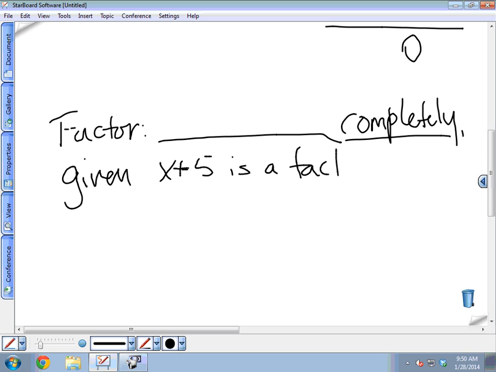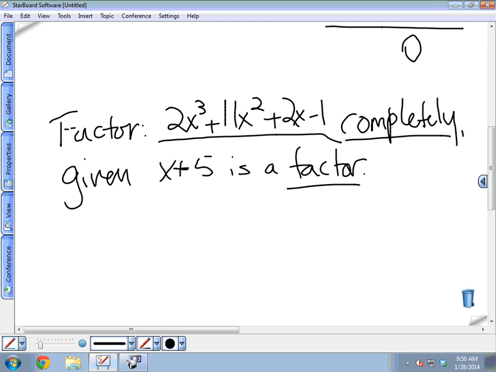What's a factor? If x plus 5 is a factor of whatever I'm going to write in this little spot up here, which is 2x cubed plus 11x squared plus 2x minus 15, what does factor mean?